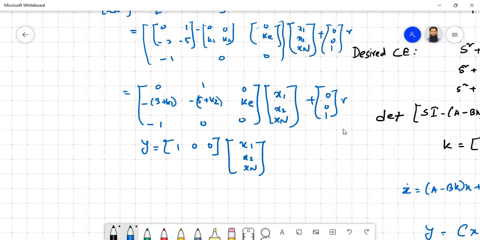And one of the easiest assumptions is that whatever the location of the zero in the open loop, we keep the same location in the closed loop. So for that, if you want to figure out our existing system's zero location, we should figure out our existing system's transfer function.